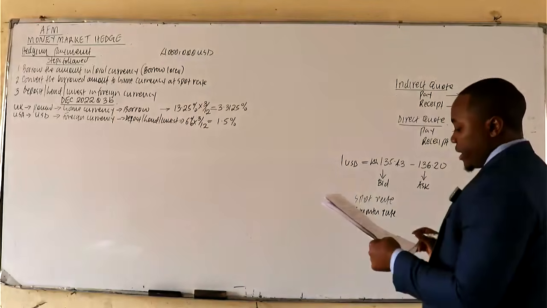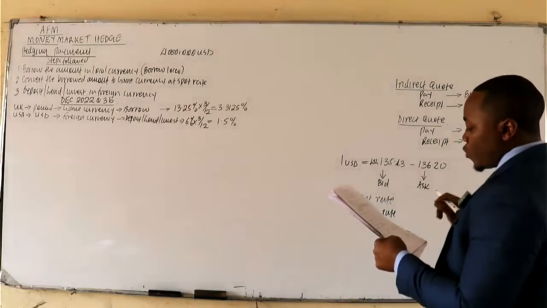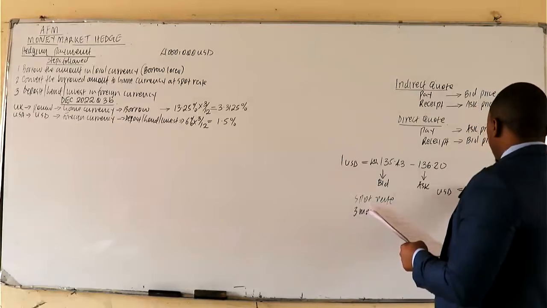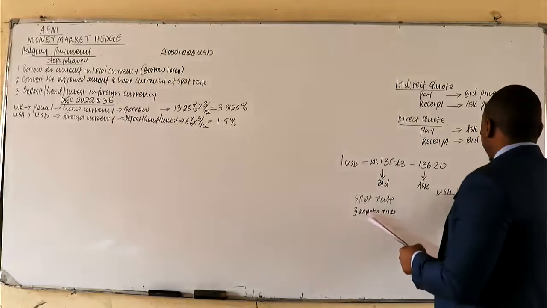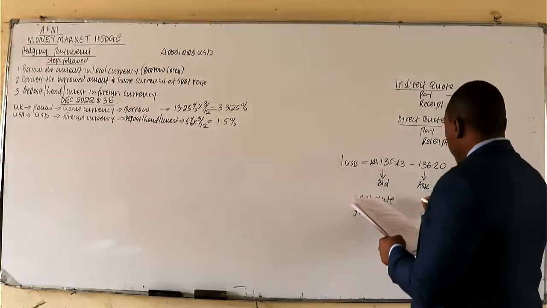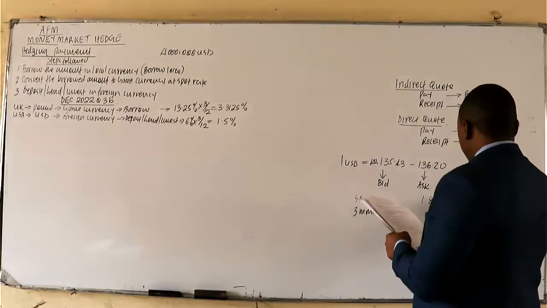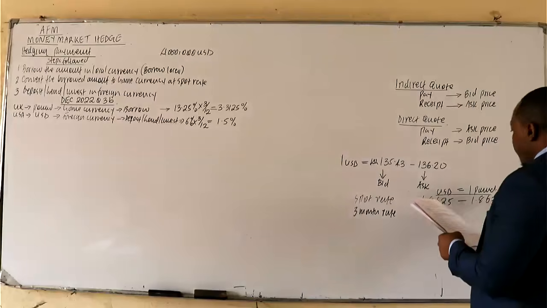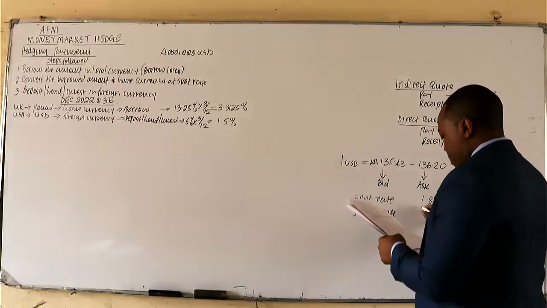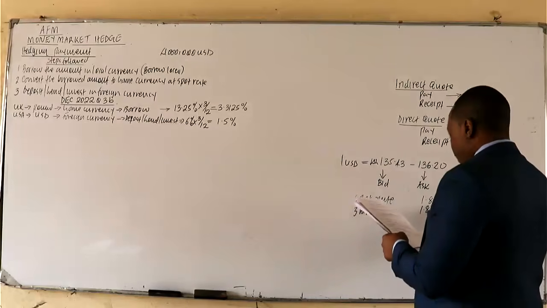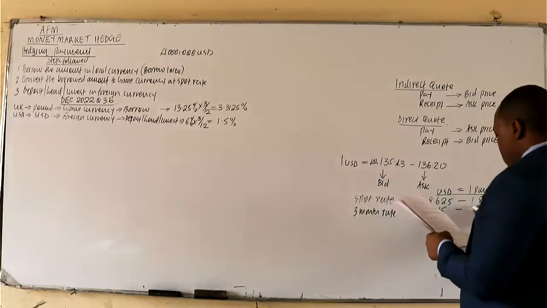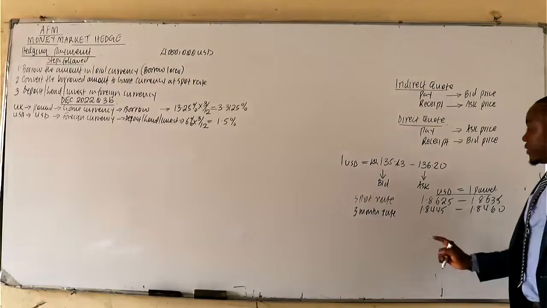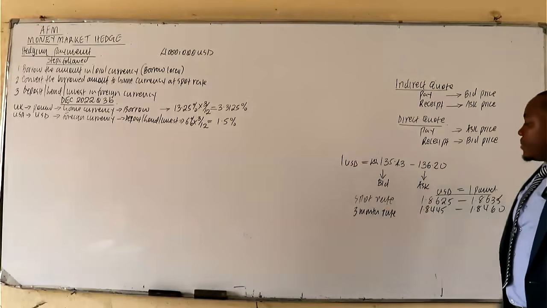Remember, the amount you are given is exchange rate dollars into £1. So these are the USD to £1. The first one, for spot rate, you are given is 1.8625, 1.8635. For 3 months, we have 1.8445, and then 1.8460. So I've just taken the spot rate and 3-month rate.